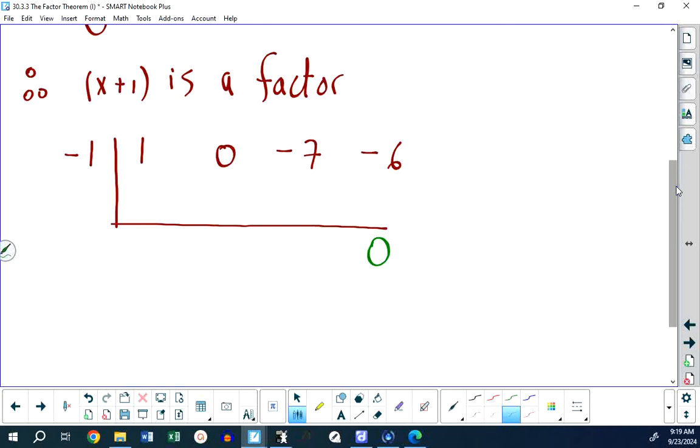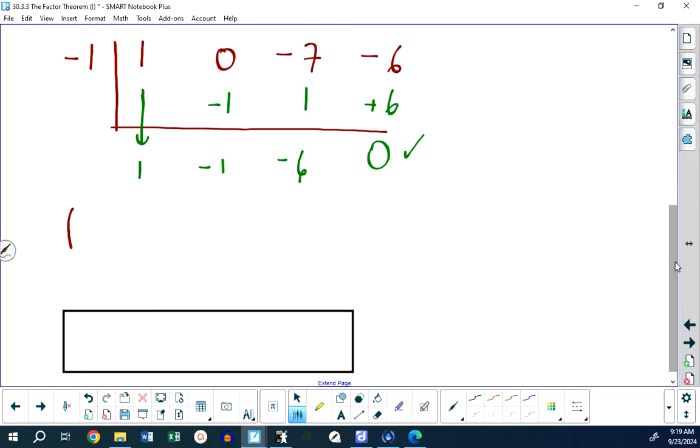Bring down the first number. Multiply, add, multiply, add, multiply, jackpot. We get 0. And that means that the factorization of x cubed minus 7x minus 6 is x plus 1 times x squared minus x minus 6.